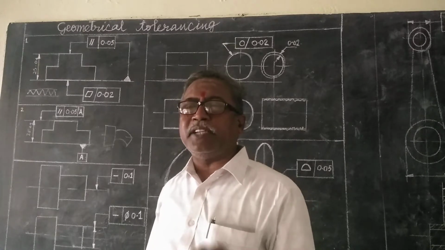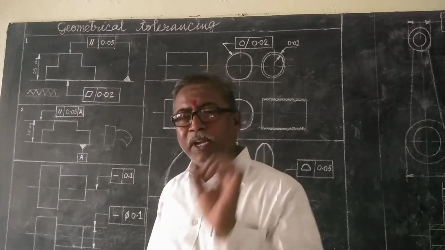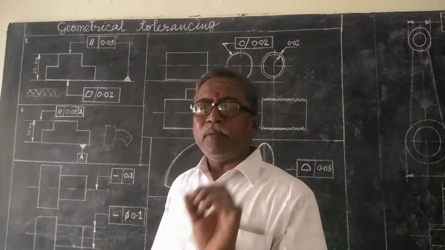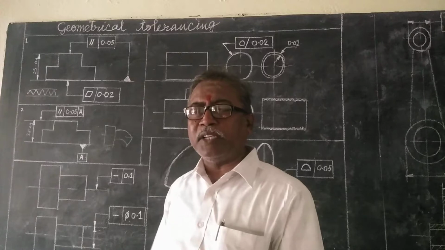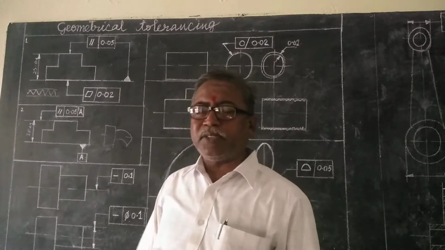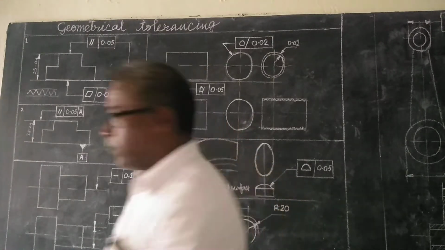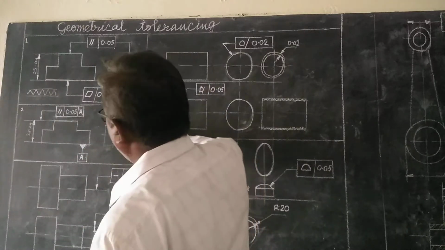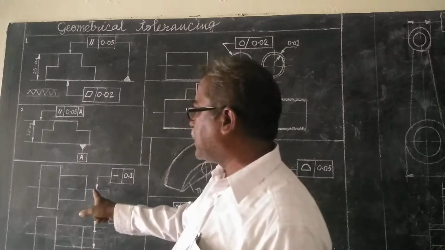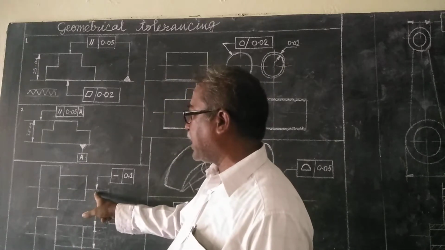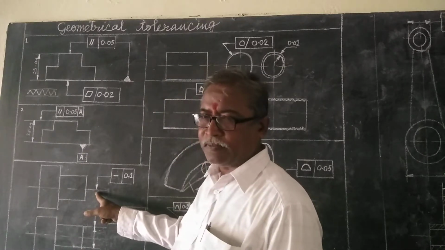This straightness is also very important. Whenever you are turning the job, be careful that straightness is very important. Sometimes your turning job is loose, the variations will be there. So you have to maintain the straightness on the total surface. Here he is showing the straightness to the axis.